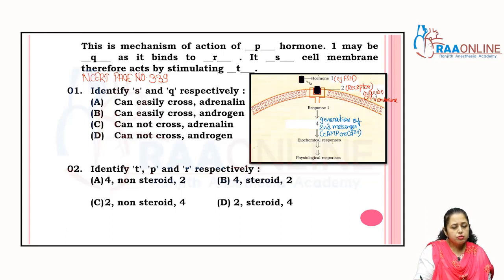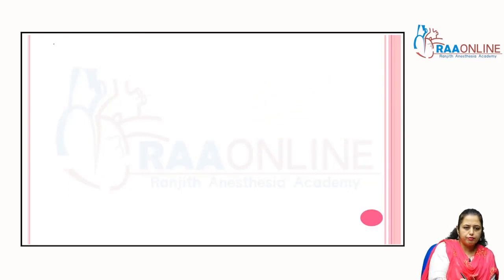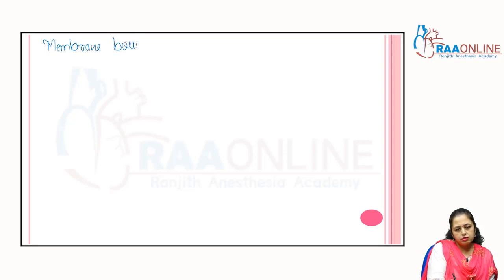That means hormones act through two kinds of receptors. First one is the membrane bound receptors, which are large in size and they cannot cross the cell membrane.